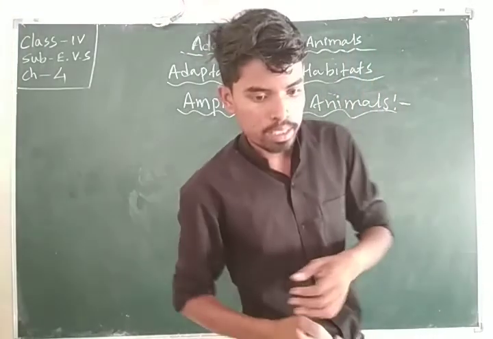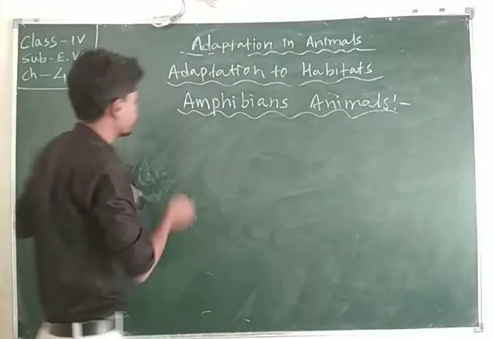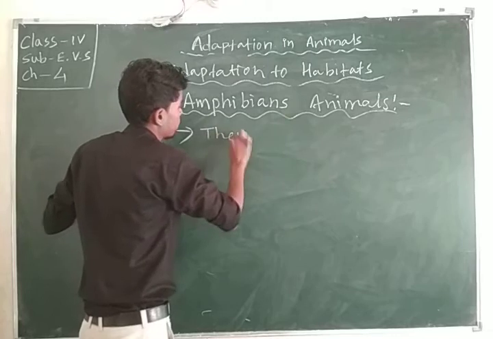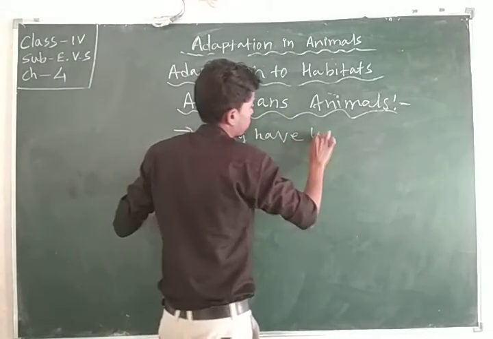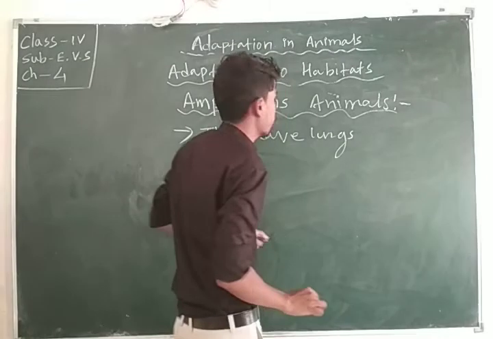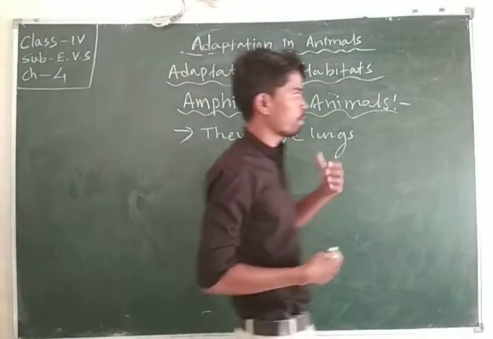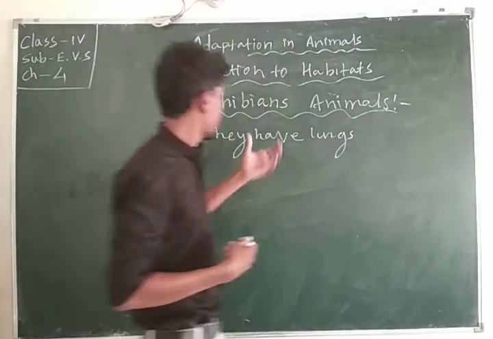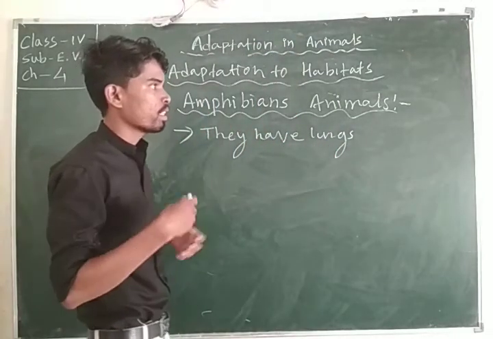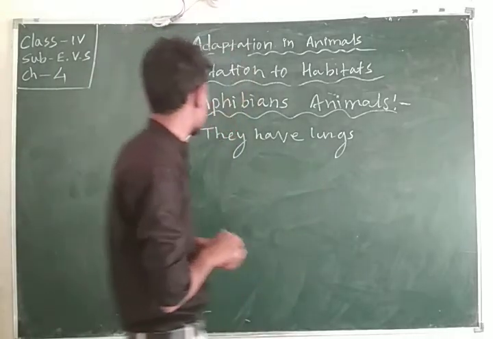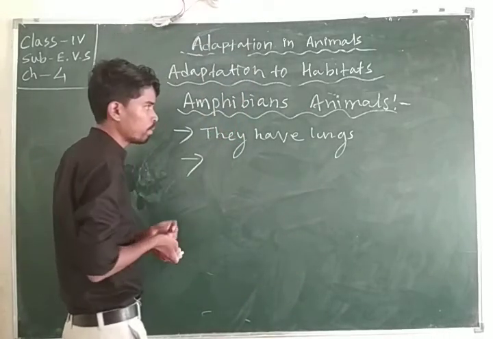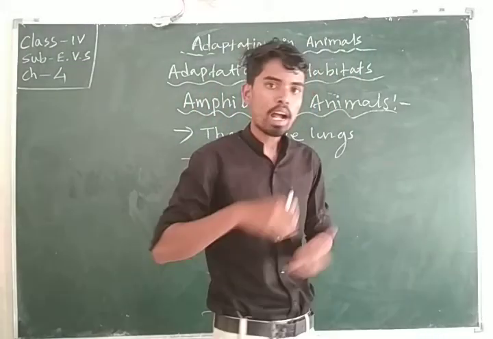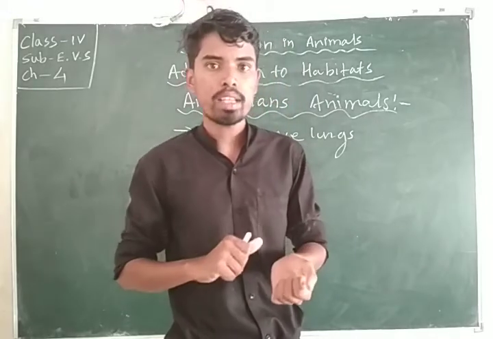And they have lungs. So this type of animal has lungs, and in the breathing process, with lungs present, they can breathe easily. Next, these animals have a hard outer cover.